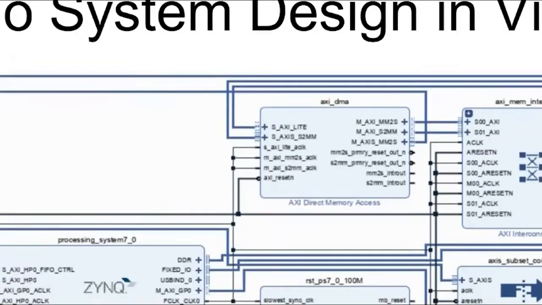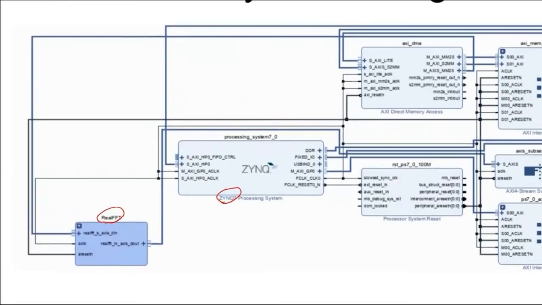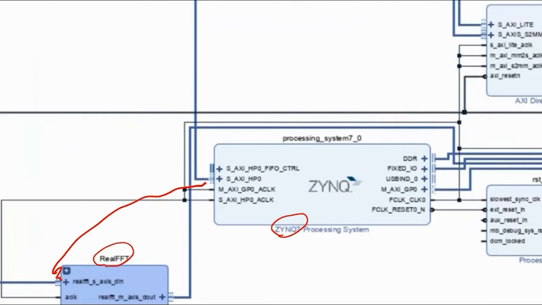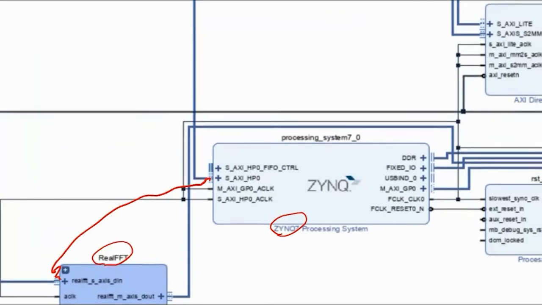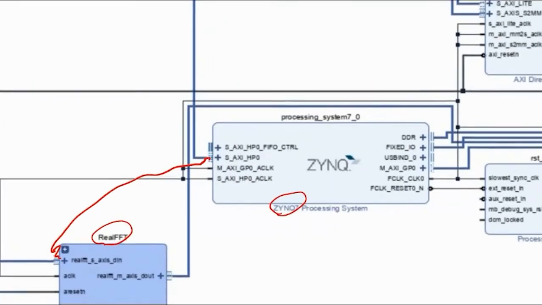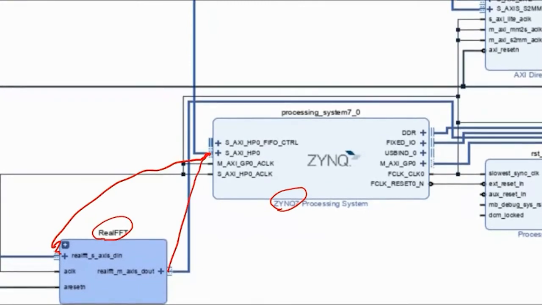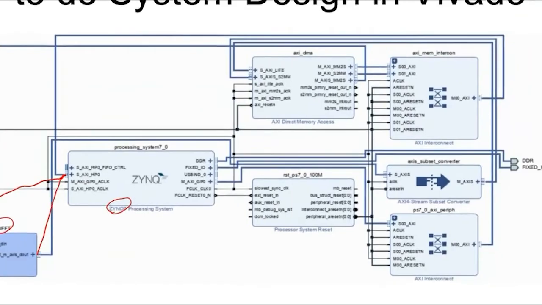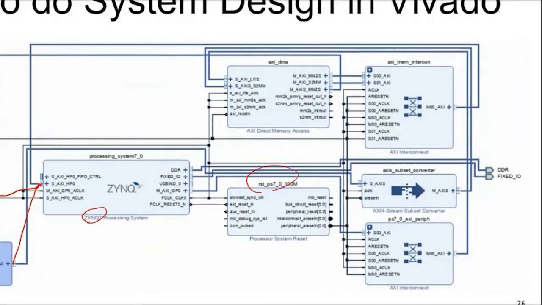But in this lab, we put our cursor on the input port and draw a line to the S_AXI_HP0 directly. And then we draw the output to the S_AXI_HP0 directly. That means IP Integrator will automatically create the other lines and the rest of the blocks for us.